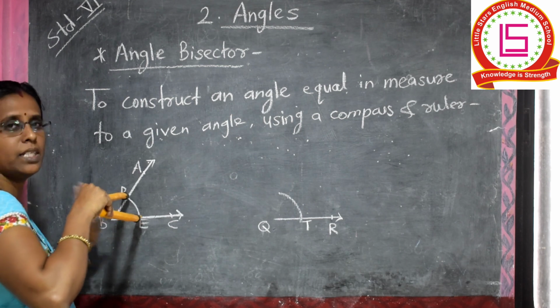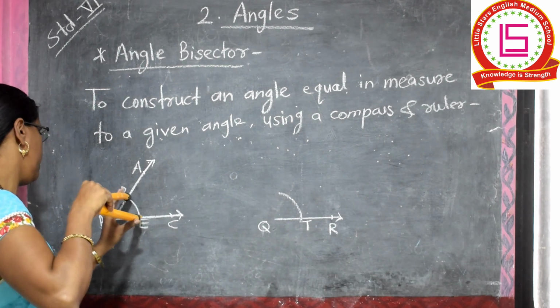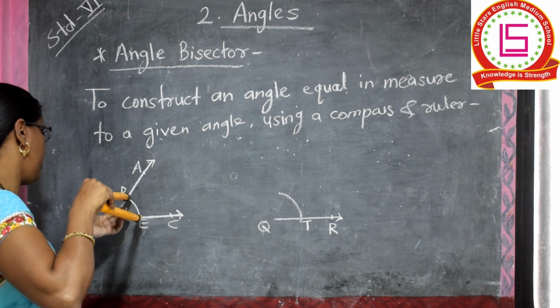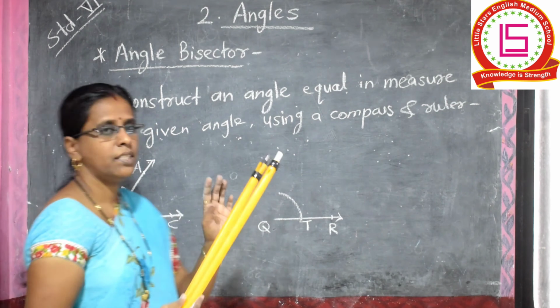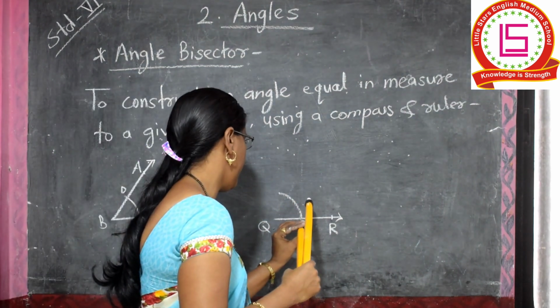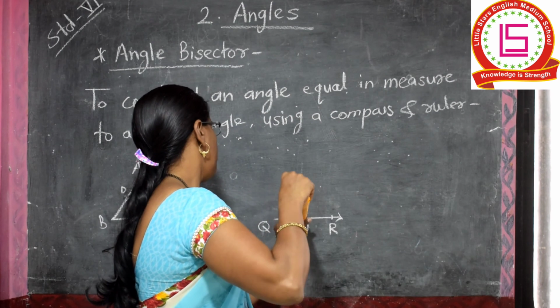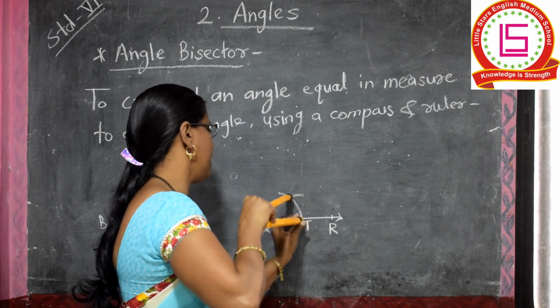As the same distance, take the compass at the point T and draw an arc with the same distance here.